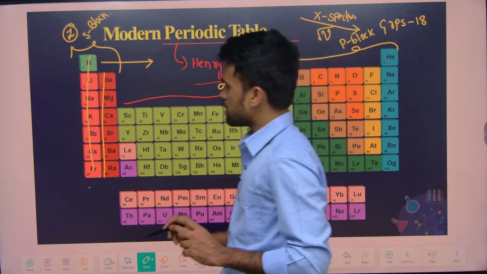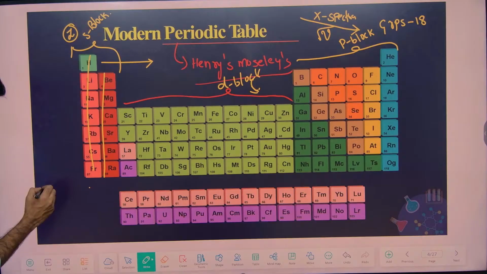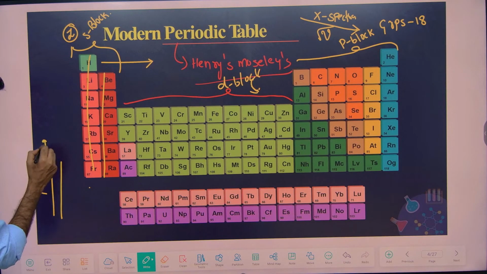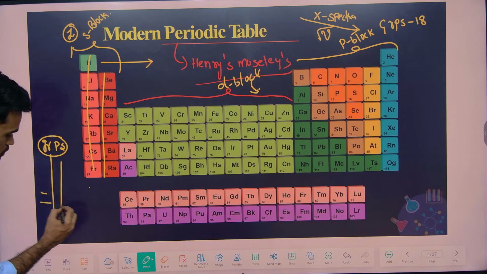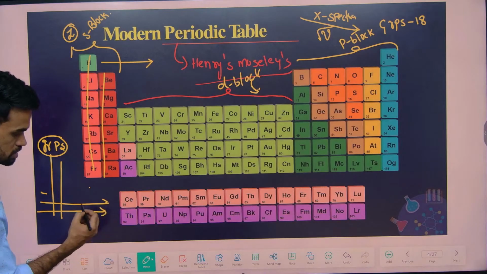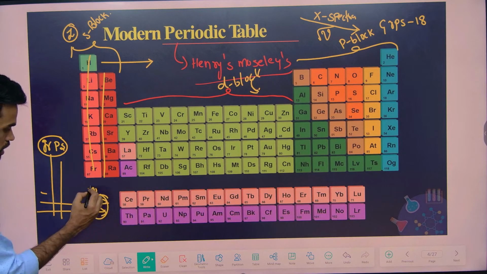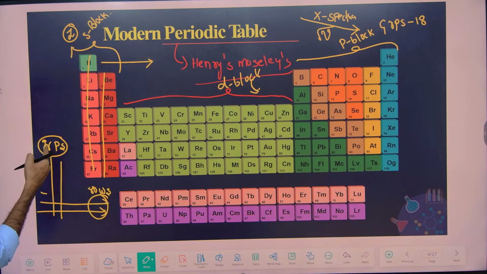Remember, in chemistry we use these words: vertical lines like this we call groups, and these horizontal lines are called rows. Remember these. So, groups and rows.